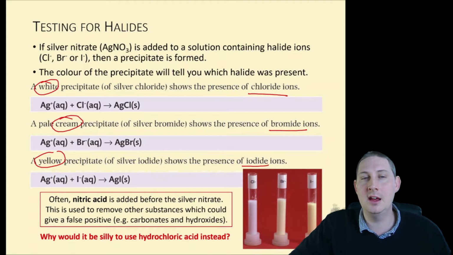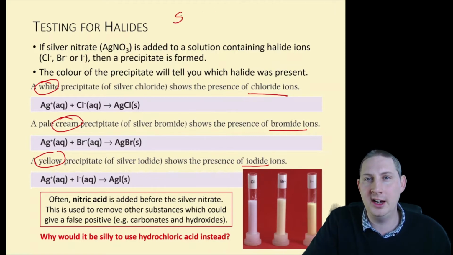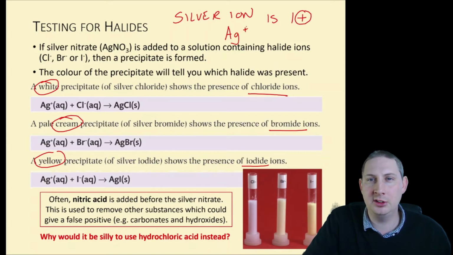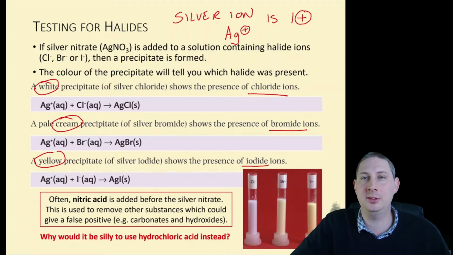I have shown here the 3 ionic equations for their formation, and they're very straightforward, but just notice that silver ion is 1+, Ag+. It's the exception to the rule. Most transition metals form a 2+ ion. Silver forms a 1+ ion.